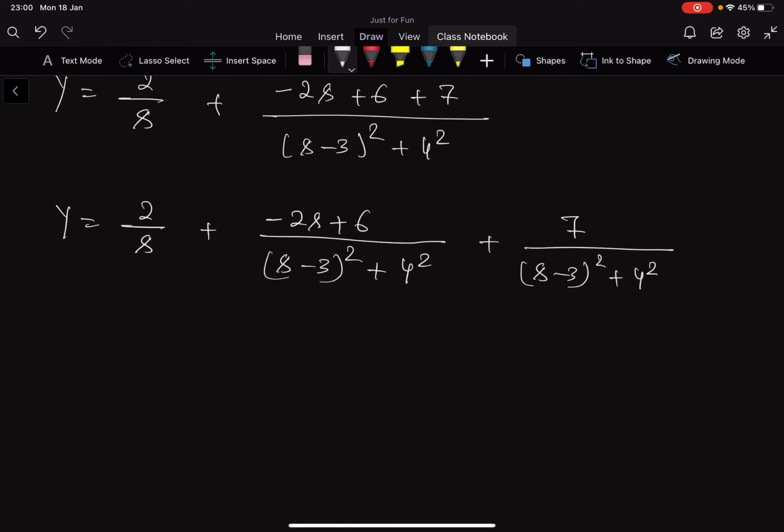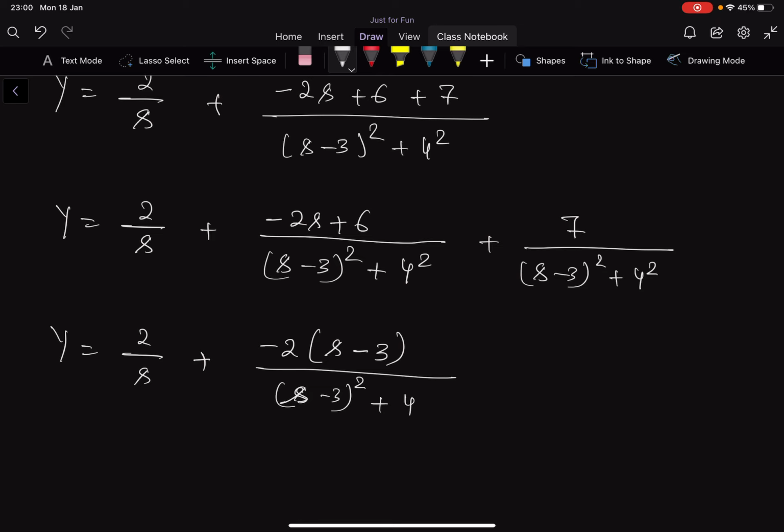So you can see here we are getting the same structure which we're looking for in the formula. So if we take minus 2 common from here, we'll get s minus 3 over (s minus 3) whole square plus 4 square.